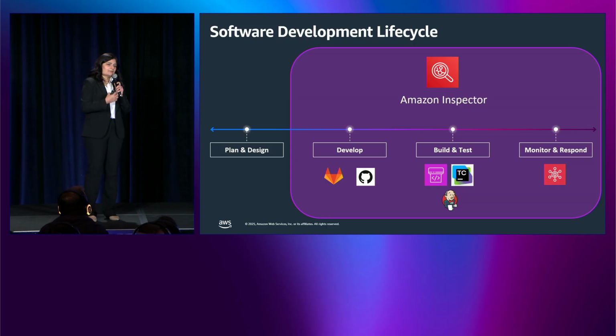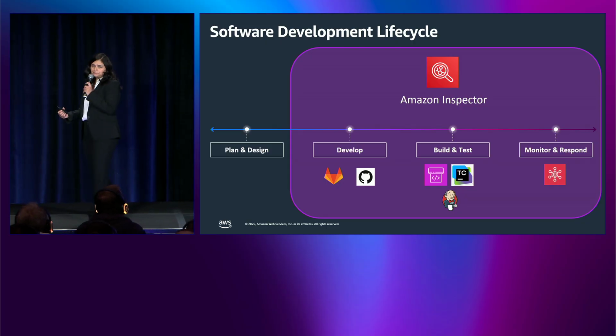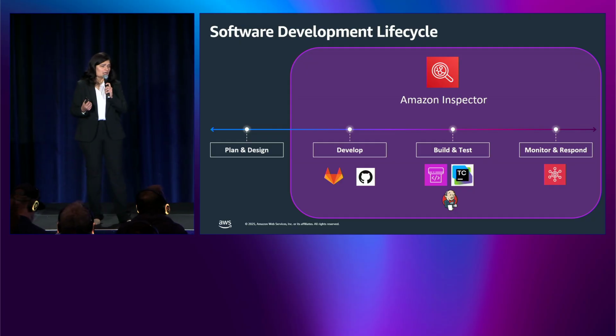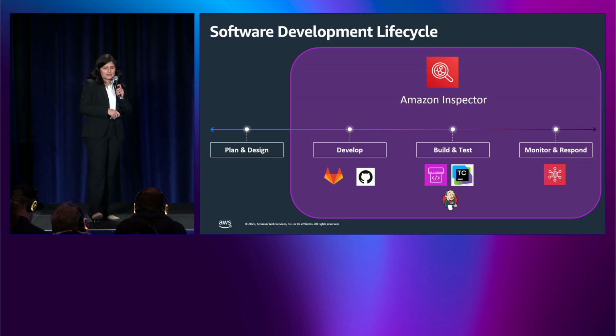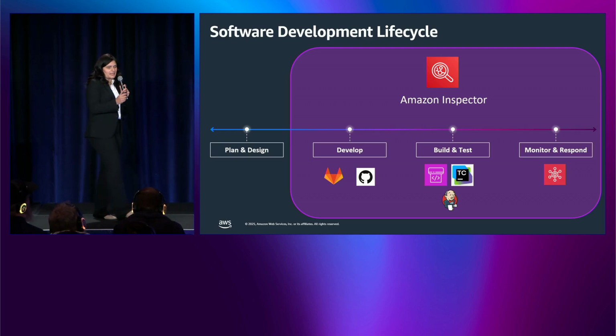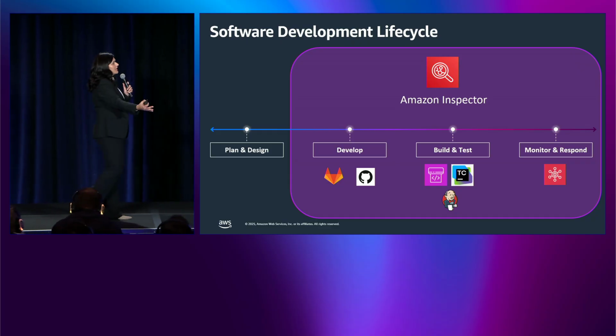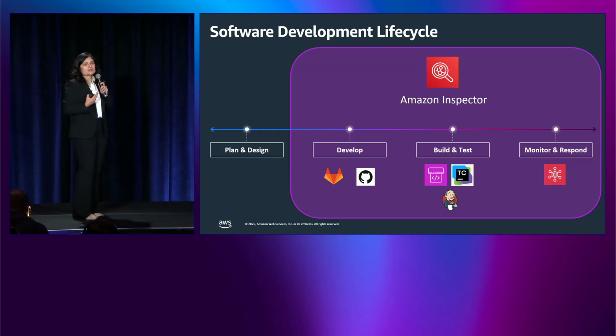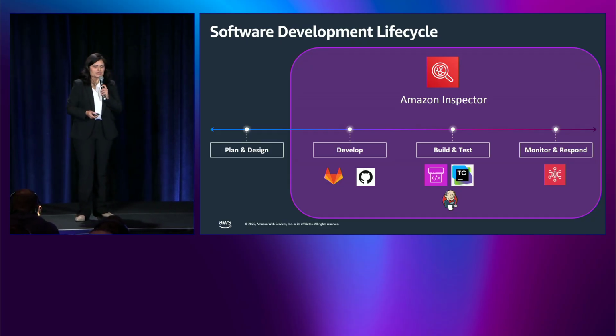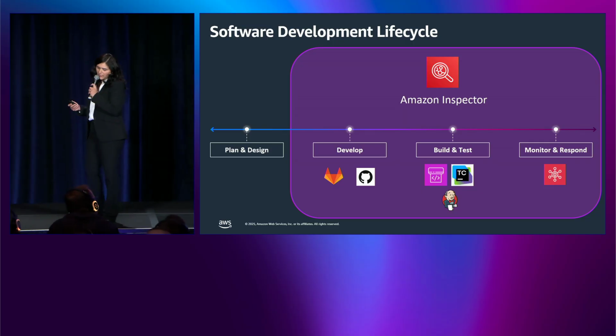So scanning right where your developers are working and iterating on your code with native integration into GitHub as well as GitLab repositories. It's very expensive and costly to actually find these defects further right, and so we're shifting as left as we can to meet your developers and allow them to do security right from the beginning.